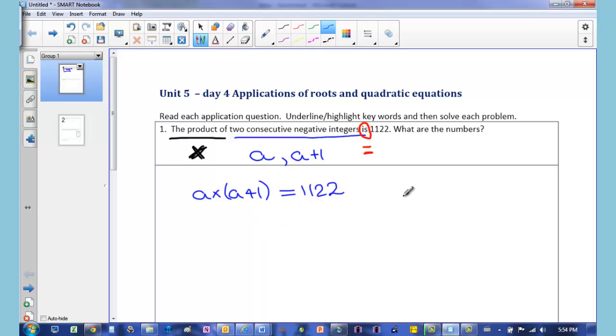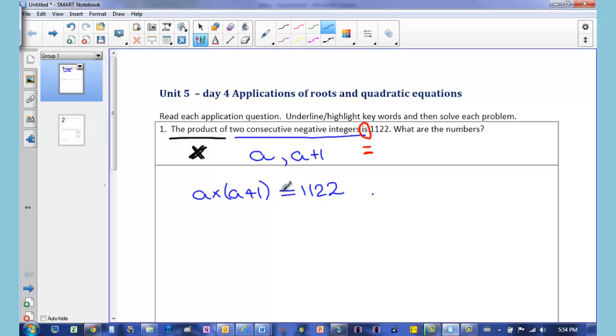Probably you're looking at this equation right now and it reminds you of factored form in terms of a quadratic relation. However, this is not complete factored form because it doesn't equal 0 or it doesn't equal y. It equals another number.